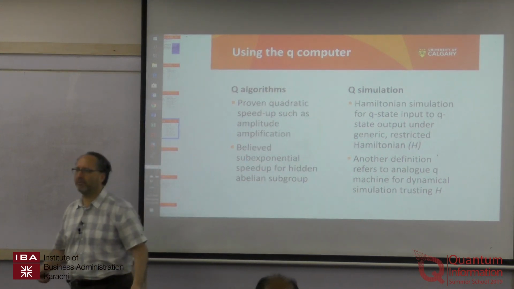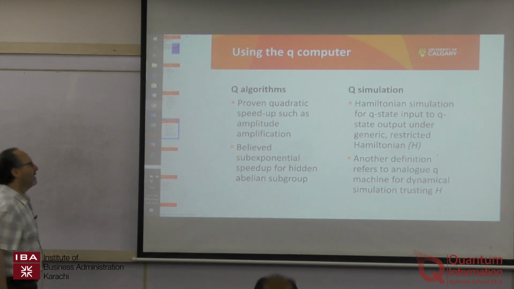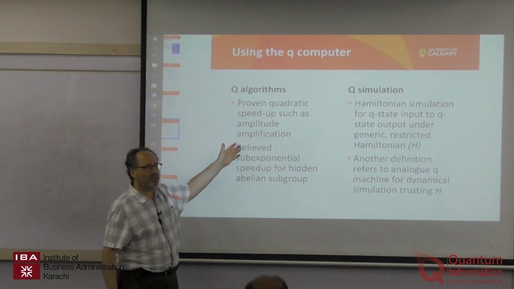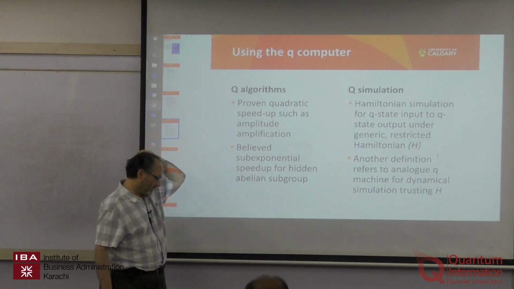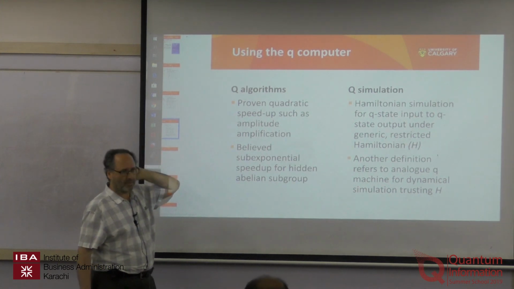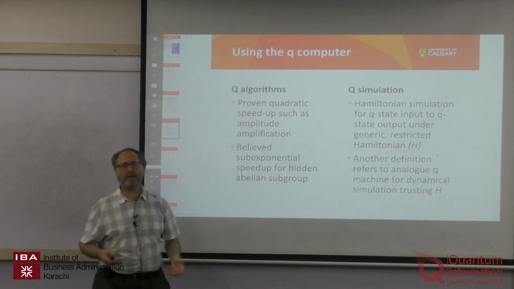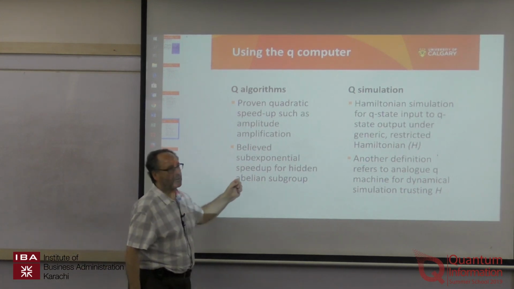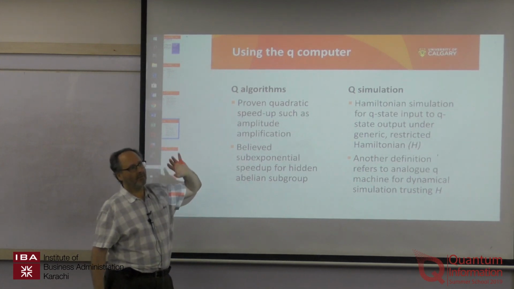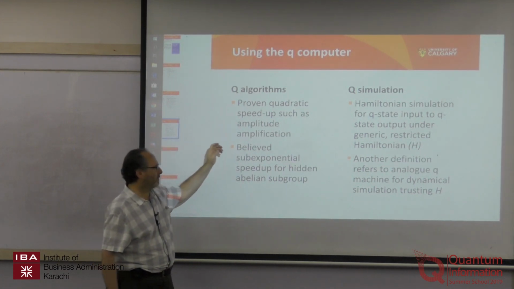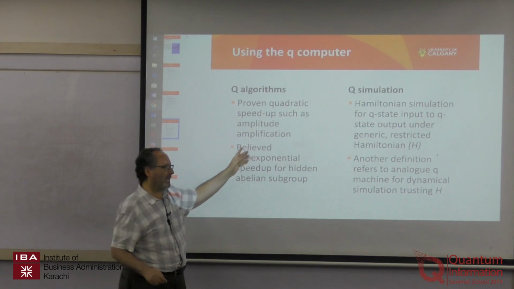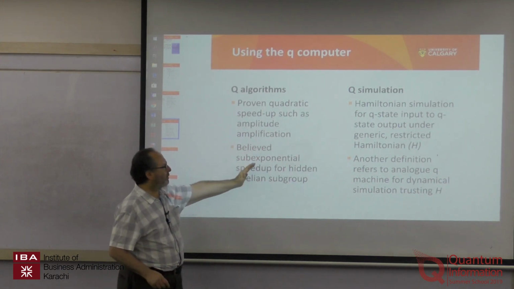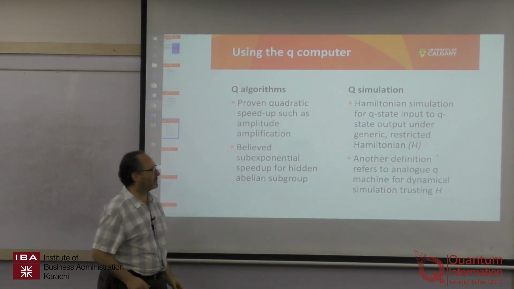Basically, if we take factorization as an example, the limiting factor in factorizing numbers is the number field sieve. If you're factorizing a number that's specified by n bits, then it's an exponent of something like the 1/3 power of n and the 2/3 power of n. So it's not quite exponential in n, it's exponential in roots of n. And Shor's algorithm is polynomial, so that gives a sub-exponential speedup.